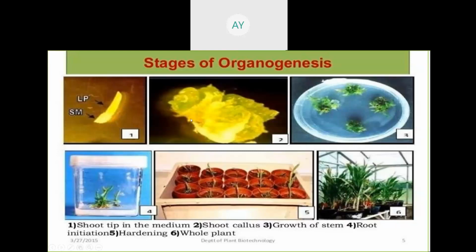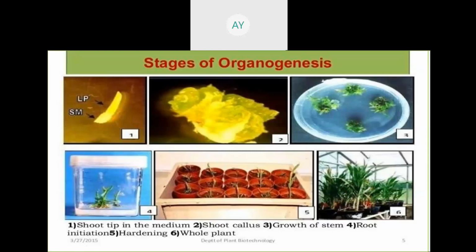But in this case we are not utilizing a high concentration of auxin. What we are utilizing is a high concentration of cytokinin. Now, hardening means development of xylem and phloem in that developed seedling in greenhouse condition, glasshouse condition, and then the whole plant is developed in the atmospheric condition.